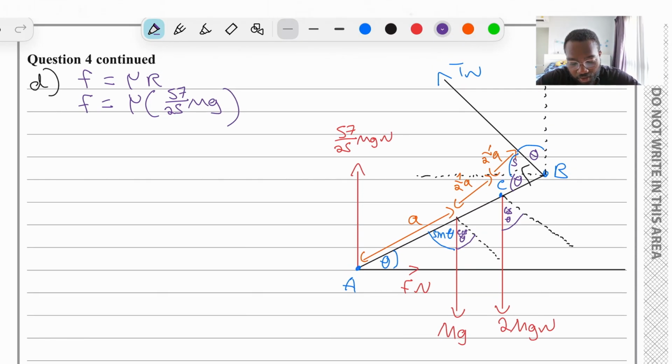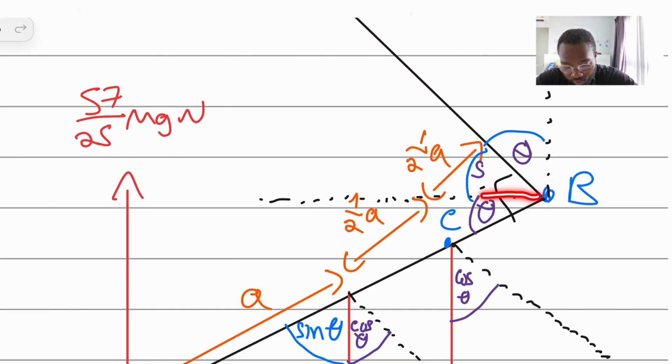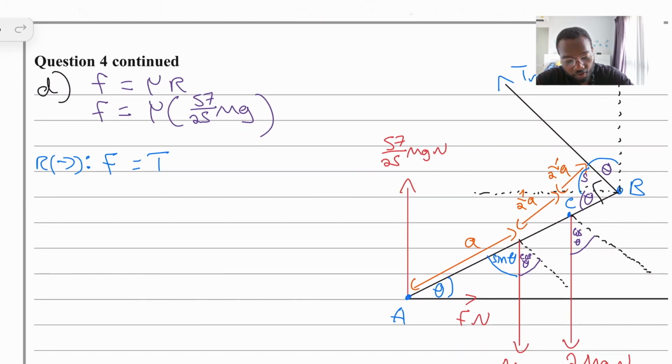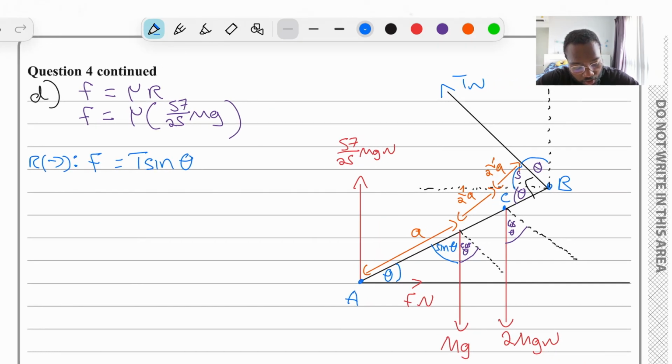If we resolve horizontally, that would be F, and that would equal T. Remember this time, if we look here, the horizontal component of T would be this S I've drawn here from the previous question. That's a sine theta. So F is equal to T sine theta. So that is that one.